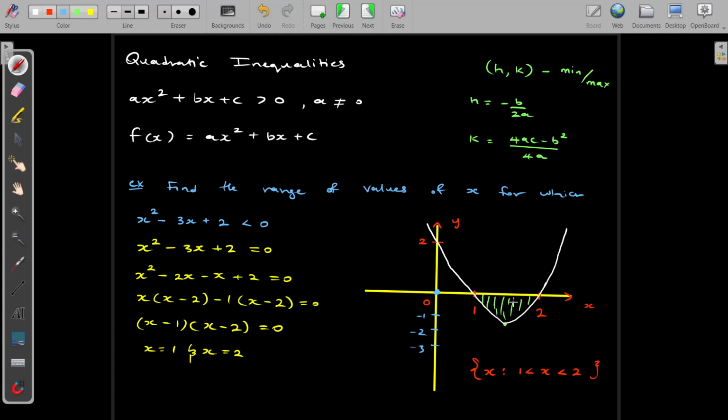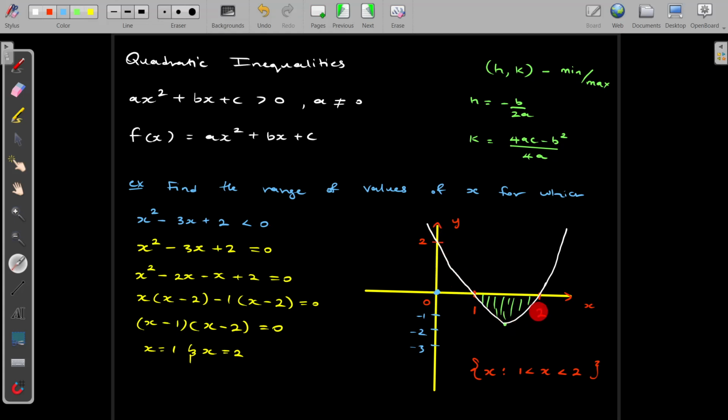Repeat that last thing again one more time, sir. So I'm saying that below the x-axis here, all y values going down this way are negative. And what the question asks for us is to find the range of x values for which y is less than 0.